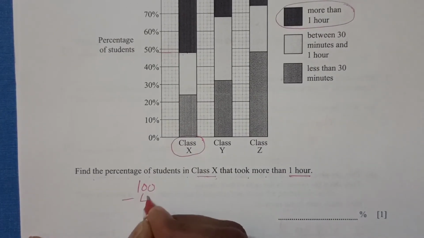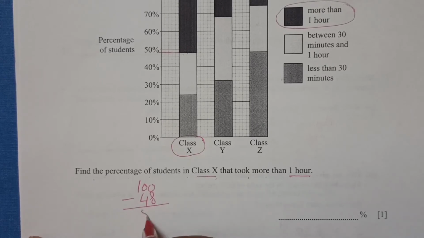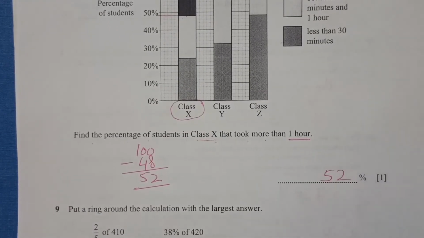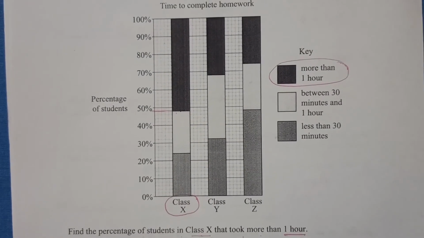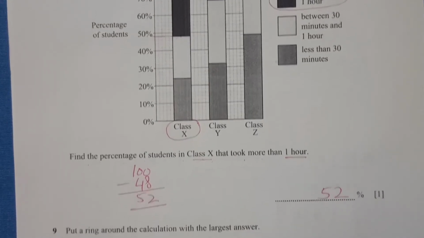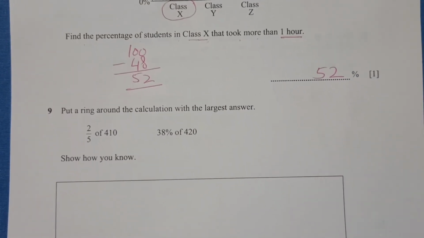So 100 minus 48 is 52. Our answer is 52%. See, it looks very complicated, but it's not. Just underline the keywords and go accordingly. You will find your final answer, right?